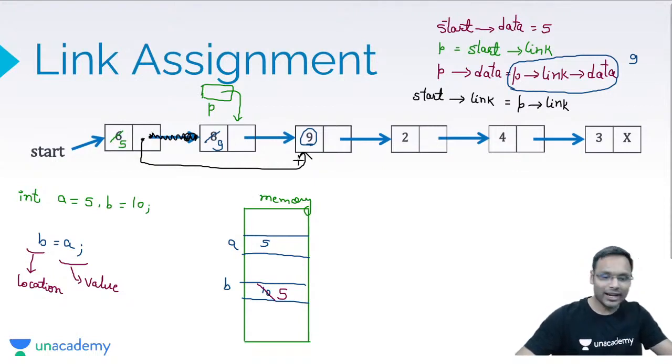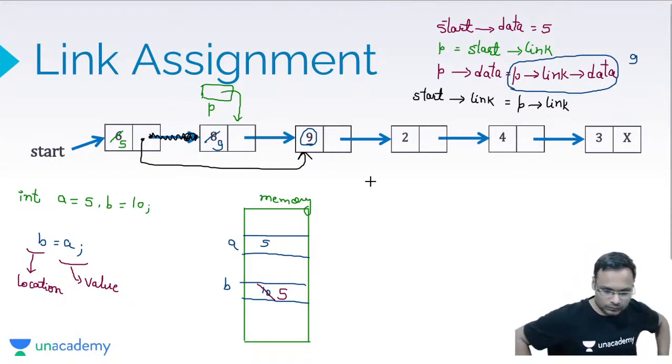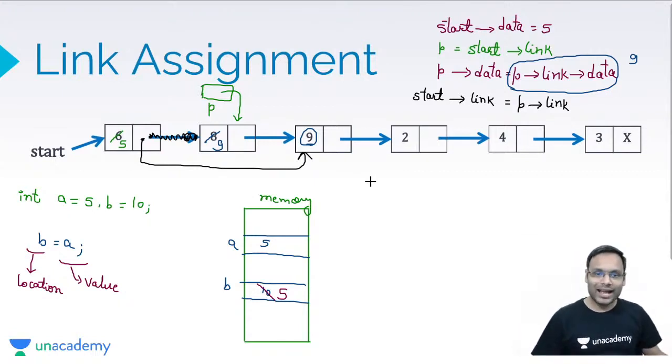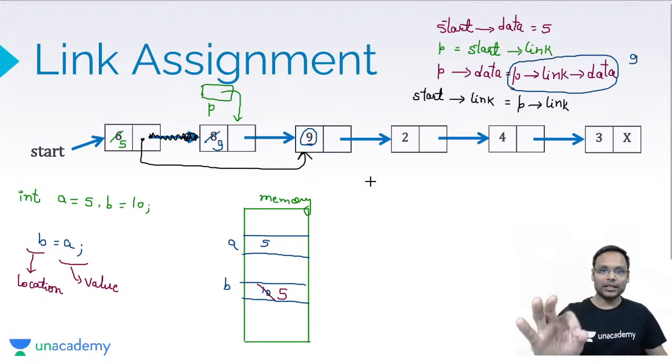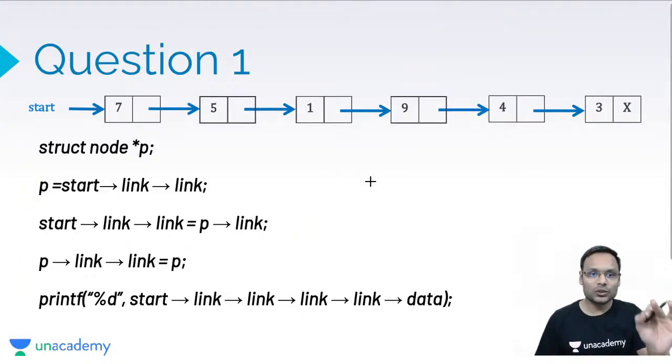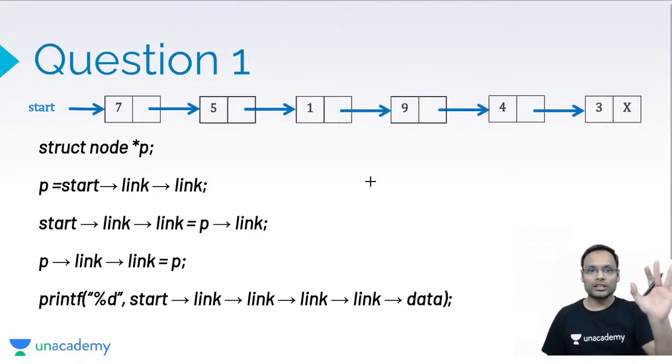I have gone there, I have changed it. I guess now you guys are understanding what exactly the meaning of this assignment is. So if you guys are clear up to this point, let's go and try to solve this question.